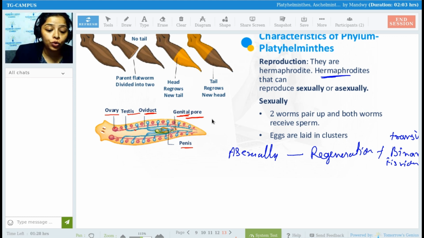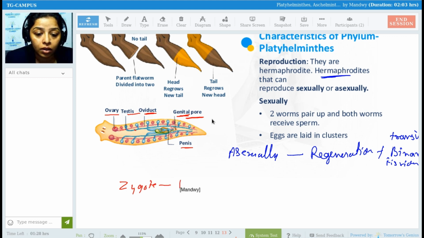After that the zygote will develop into the larva.